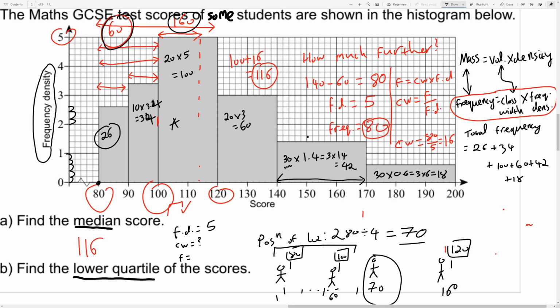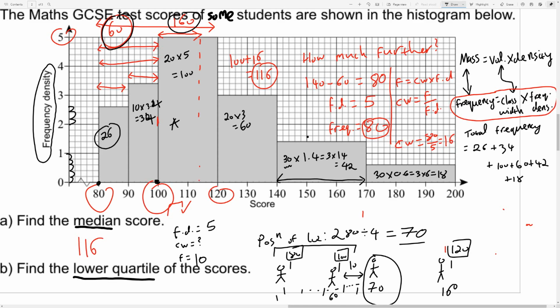So we need to go a further 10 people to the right. This gap is 10 people. So that means the additional frequency, just another way of saying how many additional values we need, is just 10.